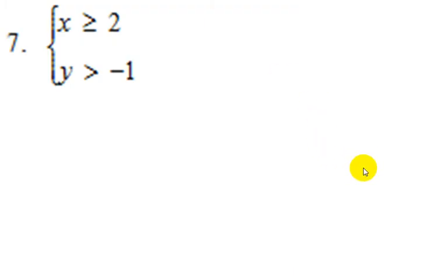In our next problem, number 7, we've got a system to graph here. And it says x is greater than or equal to 2 and y is greater than negative 1. So let's graph this real quick.